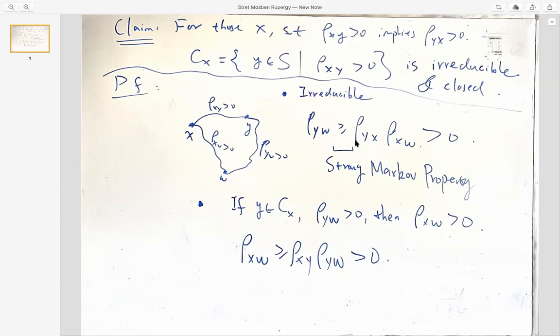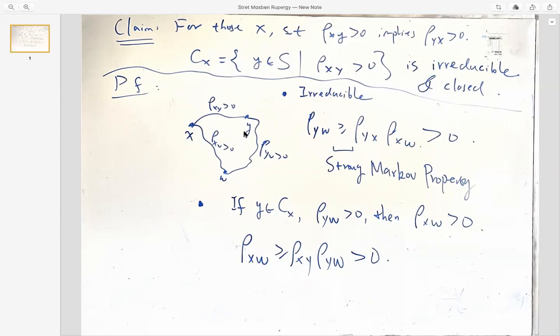So this is just the basic idea of how to prove that. This is our x. First, let's show irreducibility. If you can go to y, and also you can go to omega, then y and omega are accessible from each other.